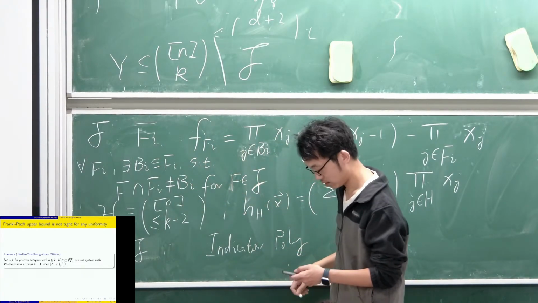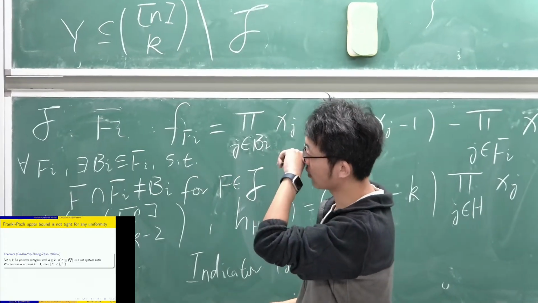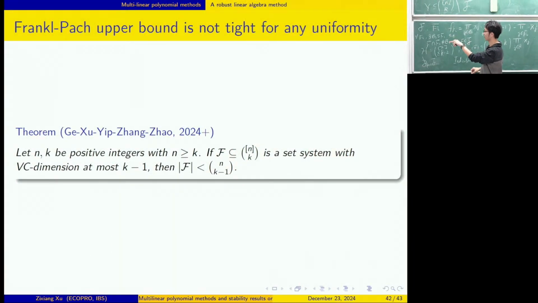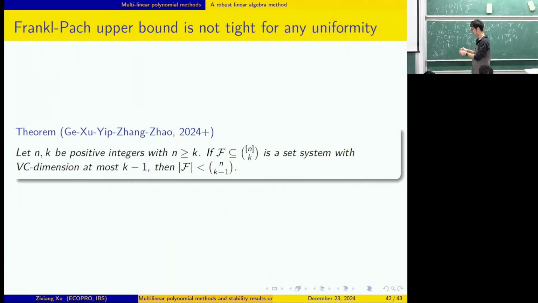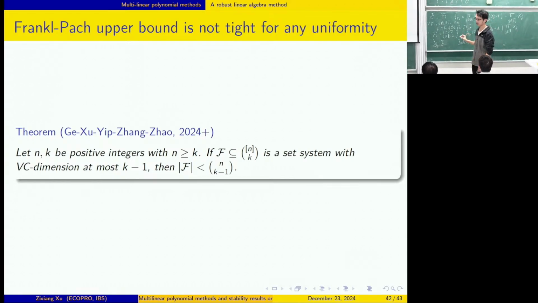But we only improve the bound by minus 1. Actually, I think refining our argument can subtract some larger number, but it's not polynomial in n. It's not easy.